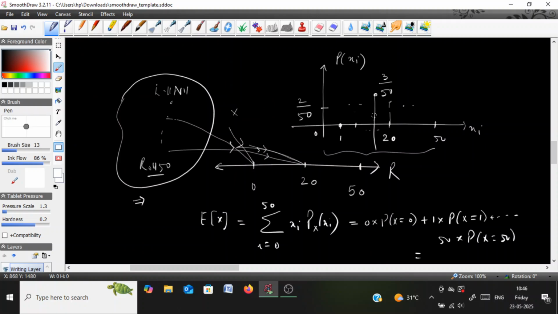Okay, that will of course give you the center point of this PDF, which is the average value, the average marks which will be obtained by the students in the class. Okay, likewise we define one more important statistical parameter, which is called variance of a random variable.